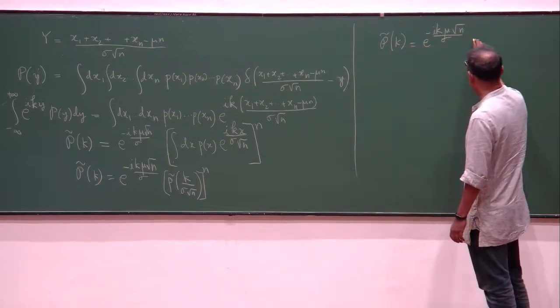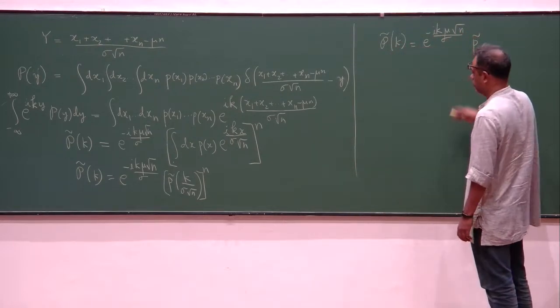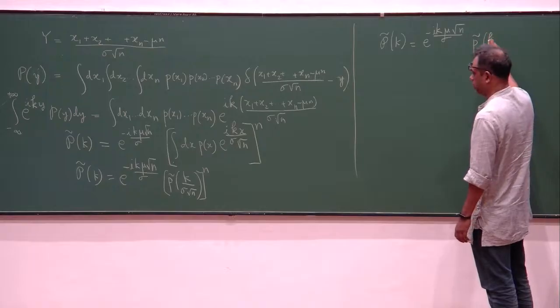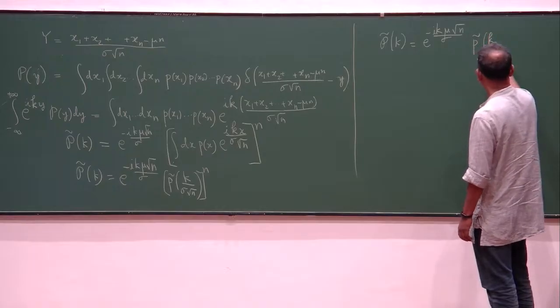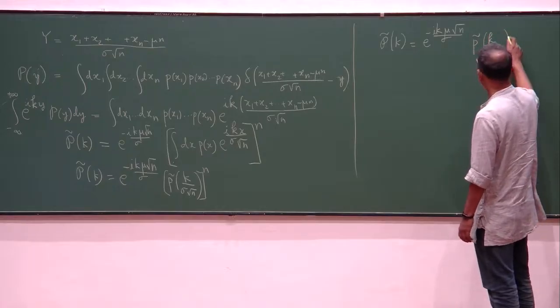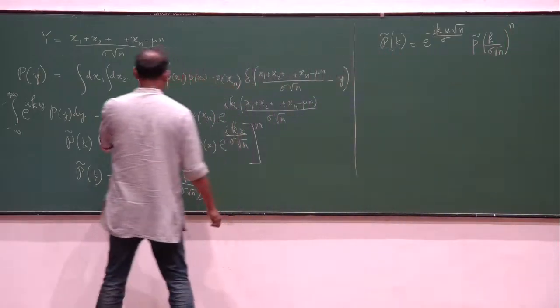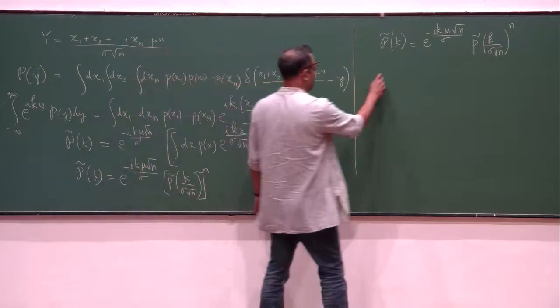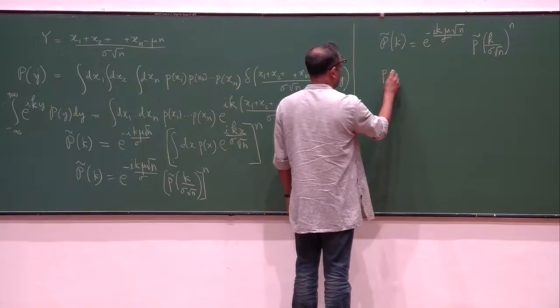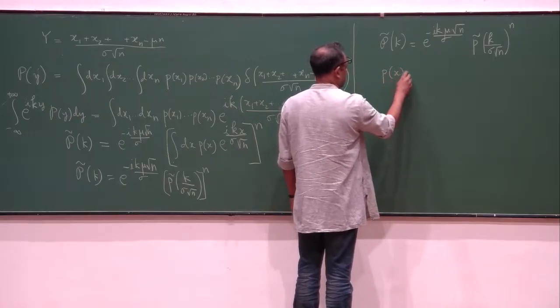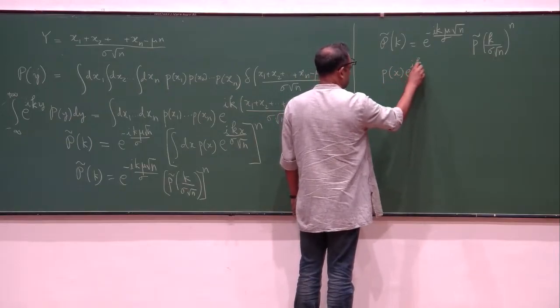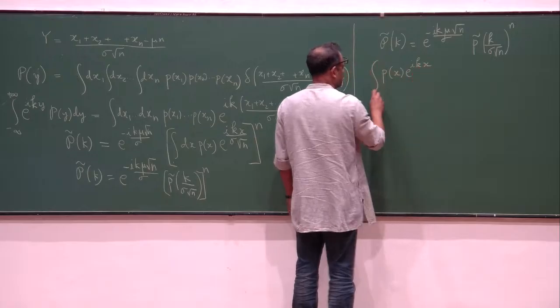Remember, your small p tilde is an arbitrary probability distribution. Okay. So let us look at how a general p of x e to the power I k x, this is my Fourier transform.